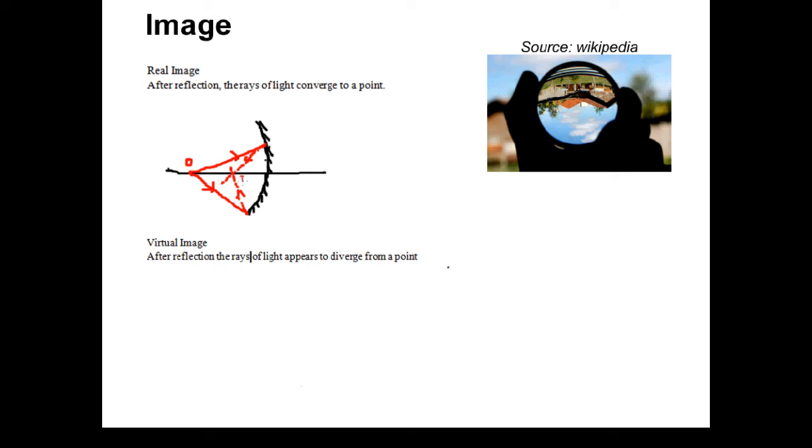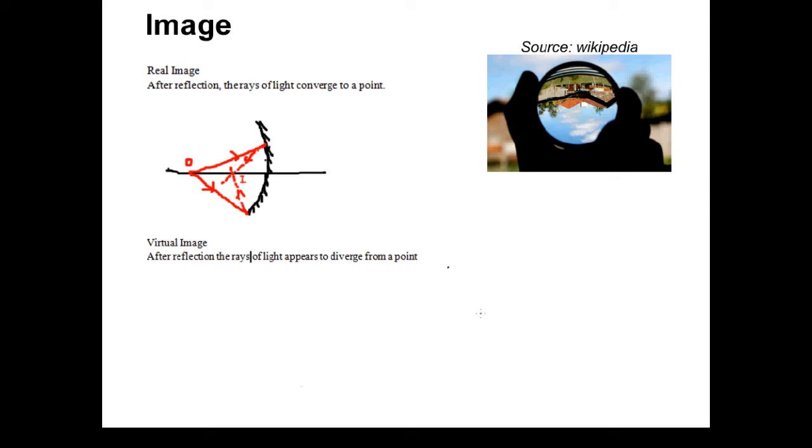You can see the definition says after reflection the rays of light converge to a point. You can see clearly the ray originating from O, after reflection it is meeting at a point I on the principal axis. This point I is the region of real image. It will be inverted and you can take it on a screen.